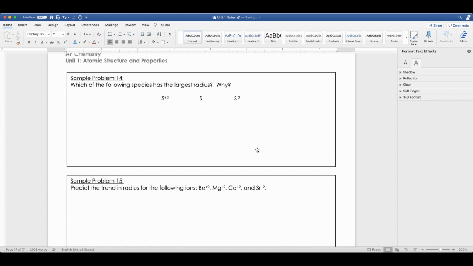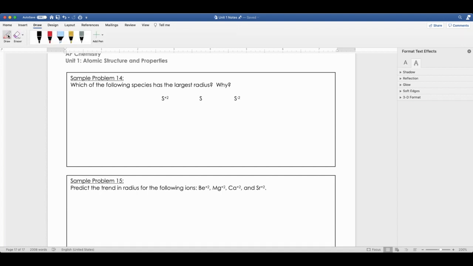So which of the following species has the largest radius? So just based off of electron configuration, we can identify how many electrons are here, and also how many protons there are as well. So sulfur has 16 protons. So this has 16 protons. And each of these has 16 protons. And that's by definition what makes sulfur sulfur.